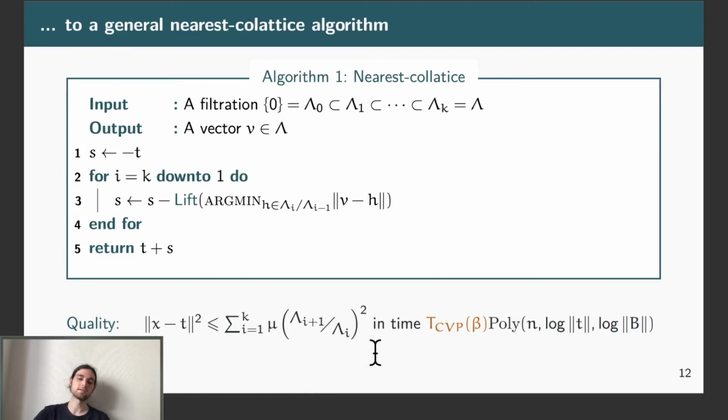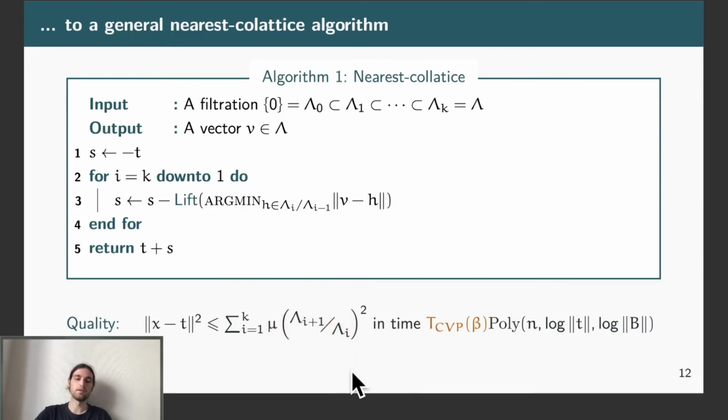And the time spent by this algorithm is polynomial multiplied by the time we take for solving these sequences of instances of CVP in rank beta. So all in all, we get a very neat generalization of Babai algorithms that will follow the same trade-off as BKZ.